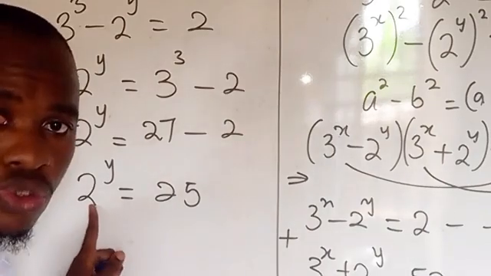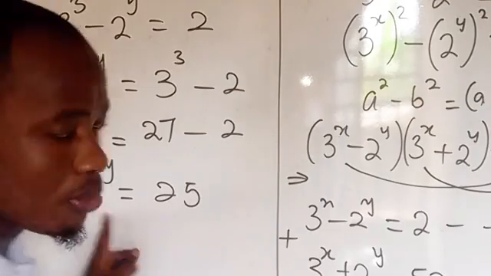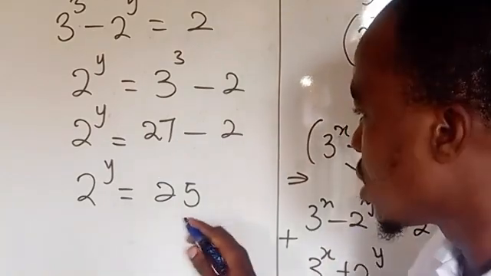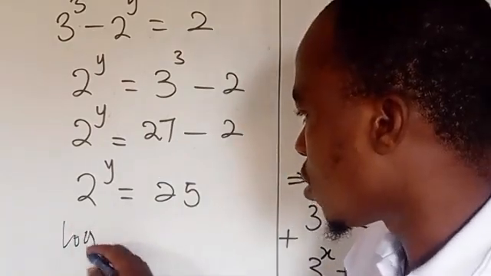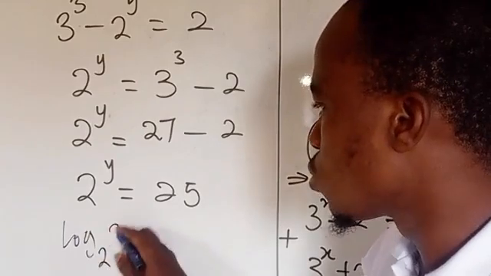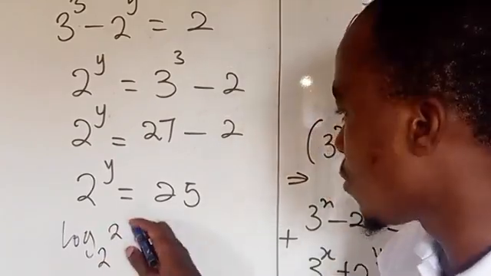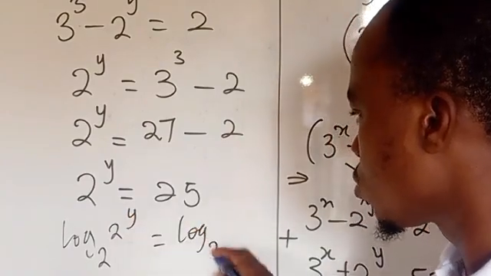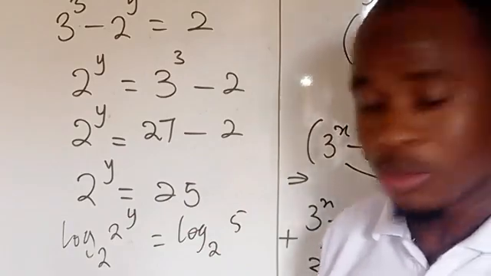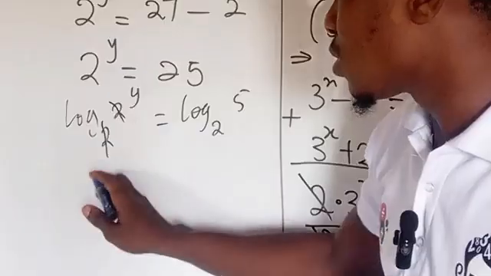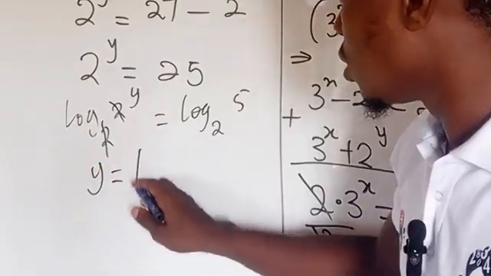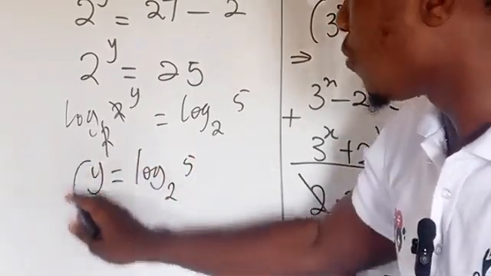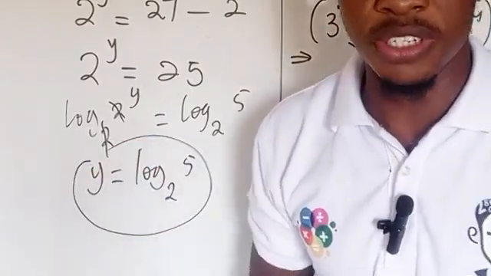Since we have base 2 here, I'm going to take log of base 2, so that these 2s cancel. We have y equals log base 2 of 25. So we have the second solution to be this.